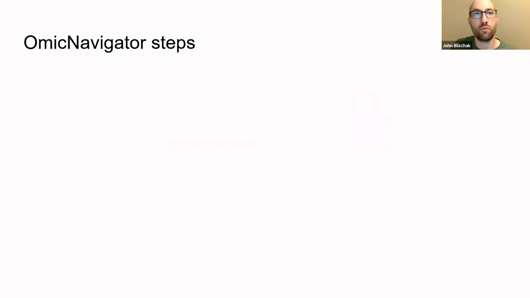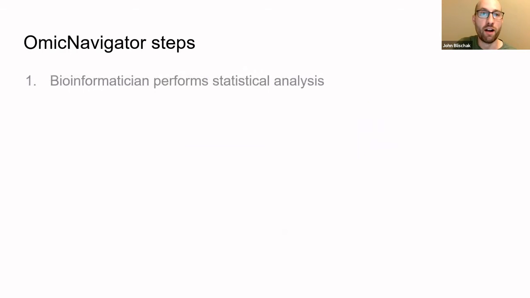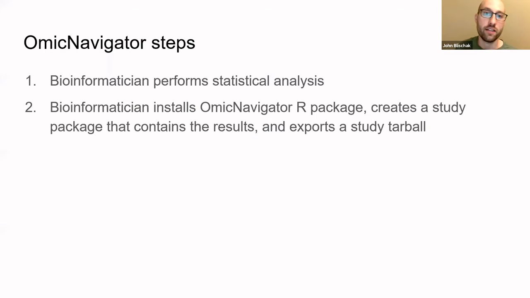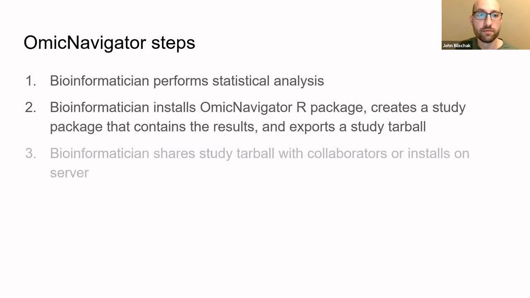All right, so the way we imagine this working is, a bioinformatician is going to perform their statistical analysis. They don't need to do anything special or different for their analysis. They do it however they need to. Then they'd install the OmicNavigator R package. They'd create a study package that contains these results using the package functions, and then export a study tarball.